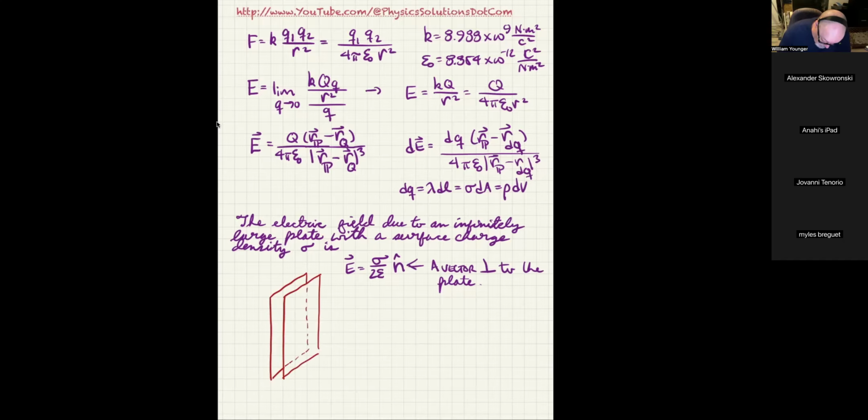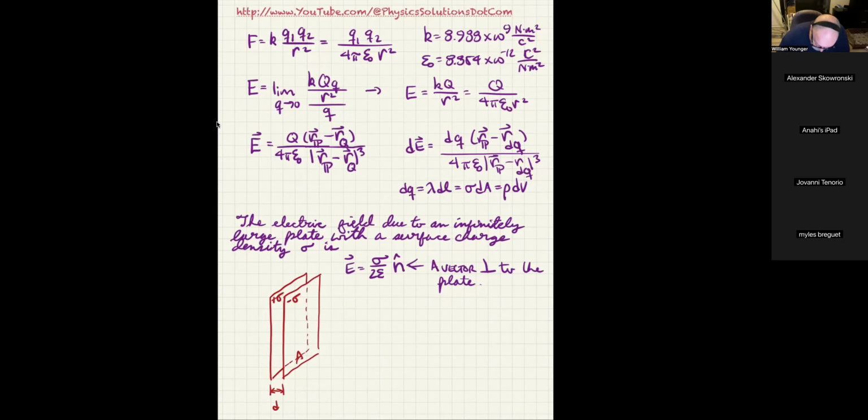This one would have, let's say, a charge of negative sigma, and this one would have a charge of positive sigma, and they're a distance d apart. And they have an area, let's say A, that'll come in handy later. But the main thing right now is they have equal but opposite charges.